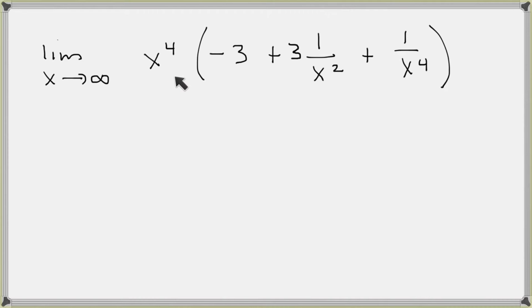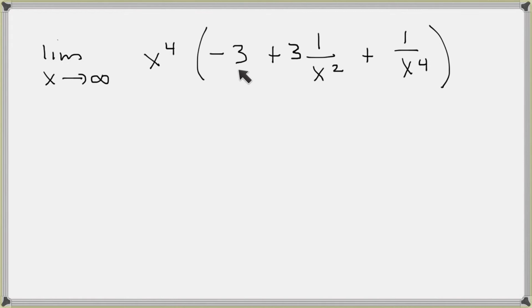We're just going to look at each of these individual pieces and see what happens to them as x goes to infinity. So if you remember, x to the fourth was a power function, right? And as x goes to infinity, this goes to positive infinity here. Negative 3 is just a constant, right? And as x goes to infinity, it just remains as negative 3.